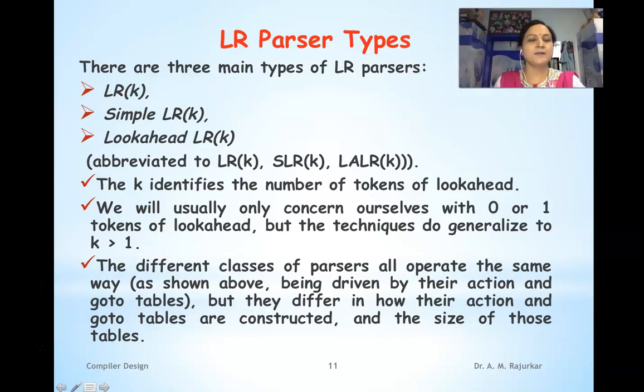First one is LR(k), then simple LR(k), and the third one is look-ahead LR(k). Those are abbreviated as LR(k), SLR(k), LALR(k). Here what is k? K is the look ahead.